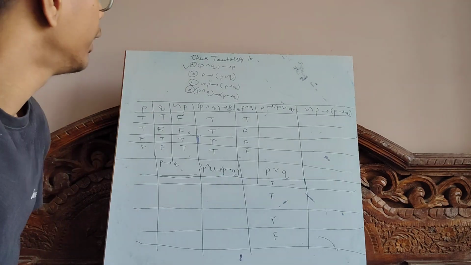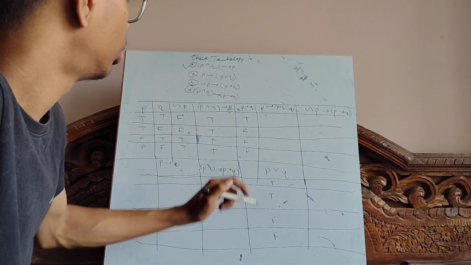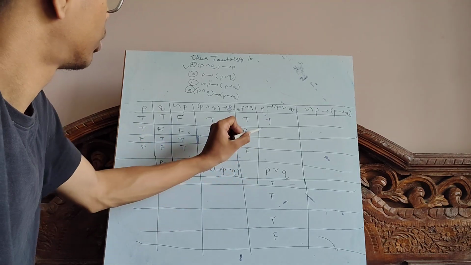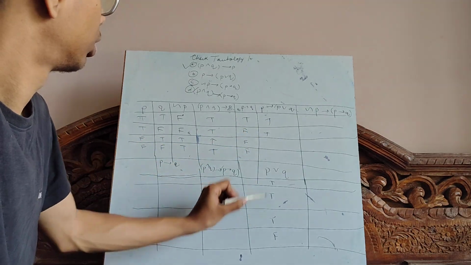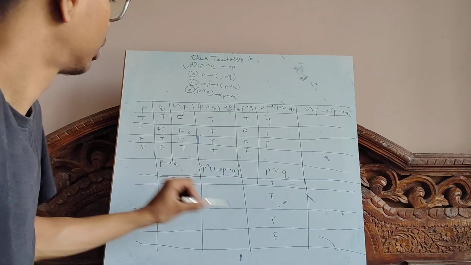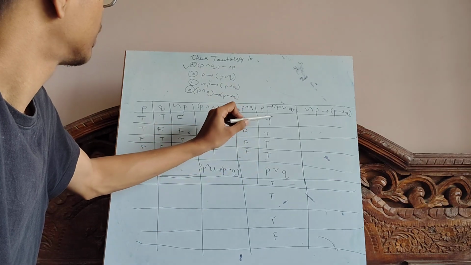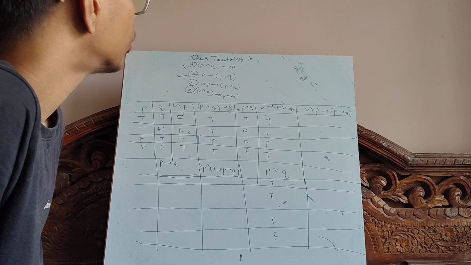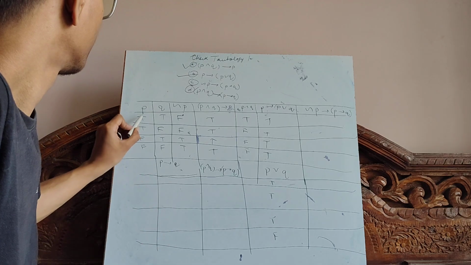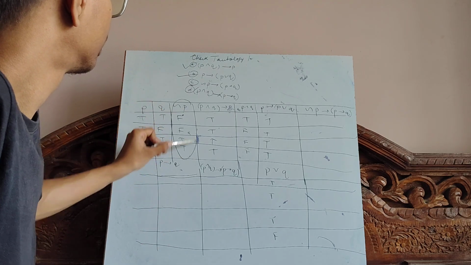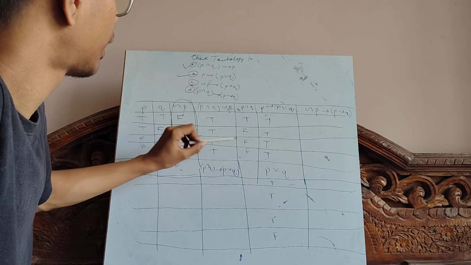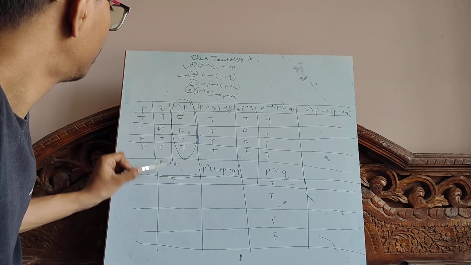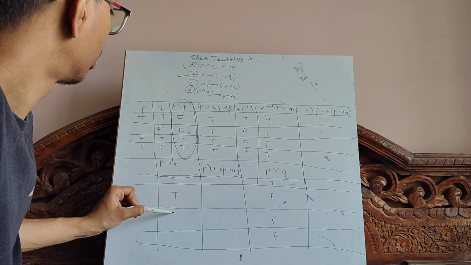Then P implies P or Q. So P implies P or Q: true, this also true, this also true, this also true. So this is also my tautology. Then negation of P implies P implies Q. Where is P implies Q? That will be true, true, false.